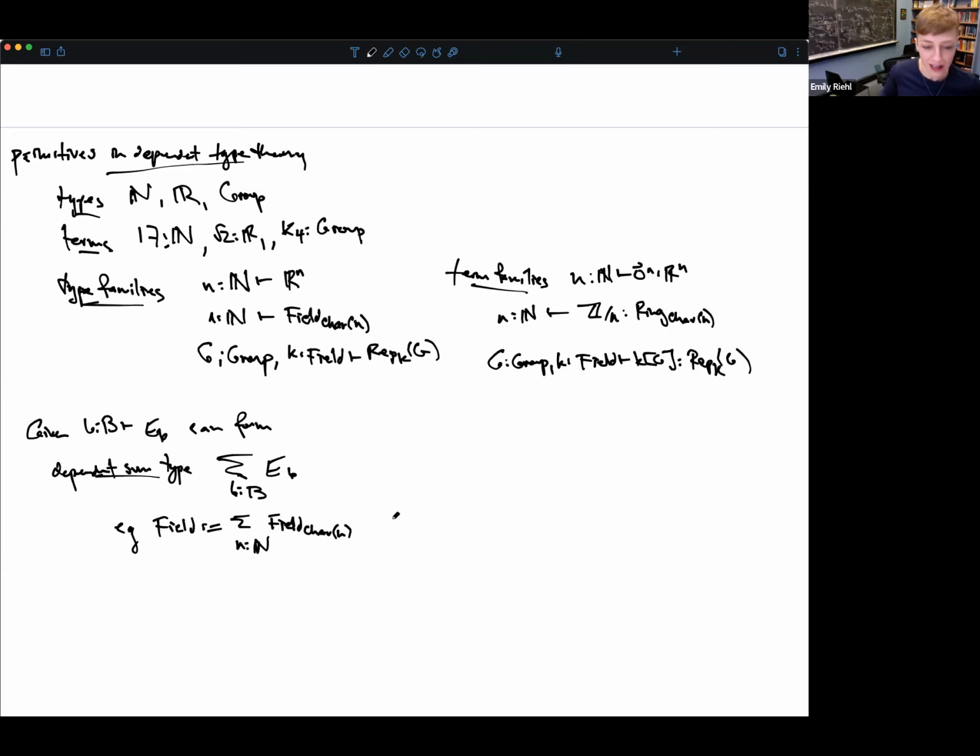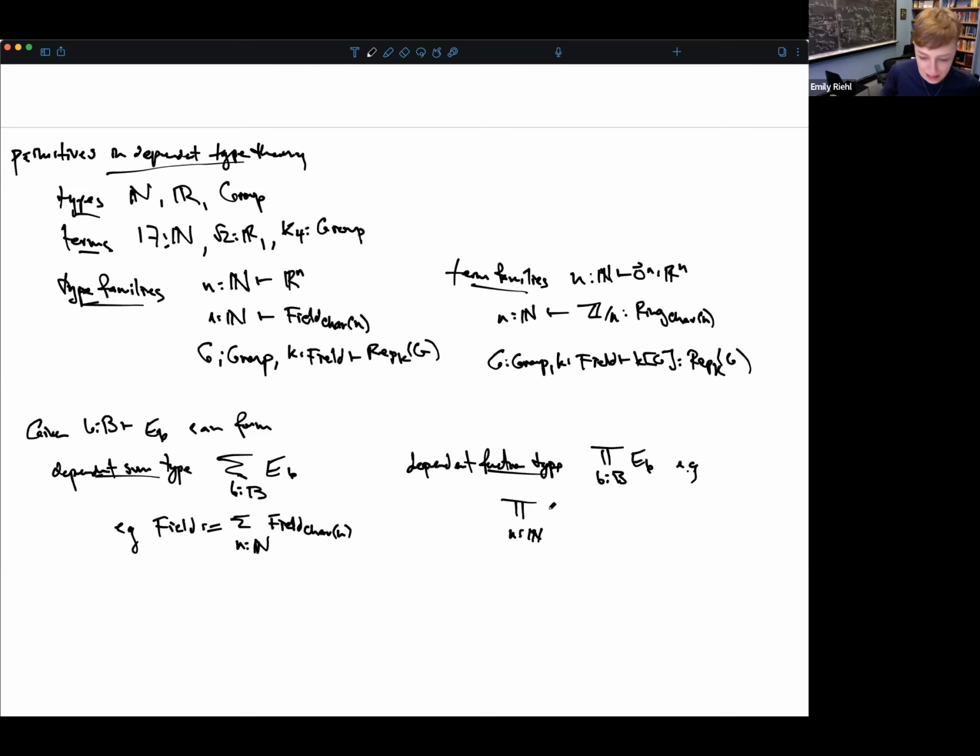And then I can also form another construction called the dependent function type. The notation for this looks like a product of an indexed family, and that's a way to think about it. This type exists for any type family.